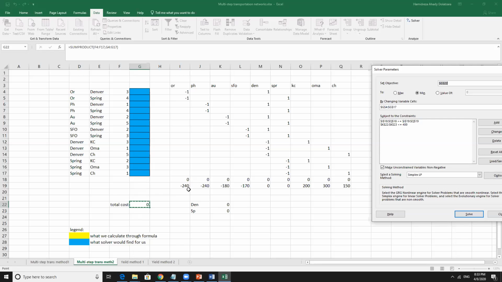So basically, if you're in Orlando, you supply 240, -100 is more than -240, and we know the absolute value 100 is less than 240. What does it mean? We deliver less than what we supply, which is logical. We cannot deliver more than what our supply can.